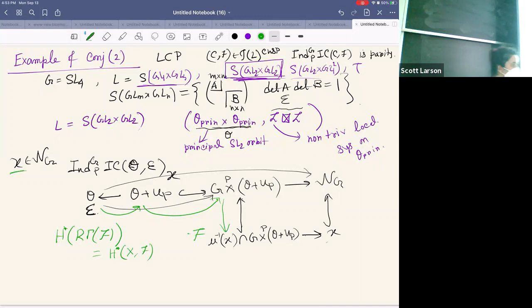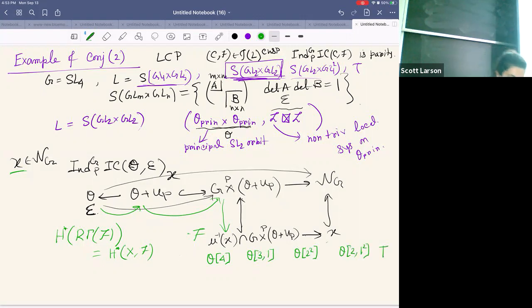So I start with the x. Now I want to start with x from each orbit of the nilpotent cone. The orbits in the nilpotent cone are O4, O31, O2 square, O2 1 square, and the trivial one.